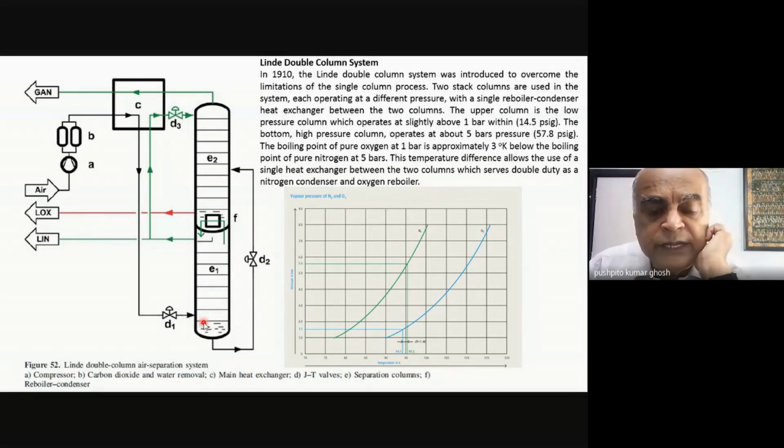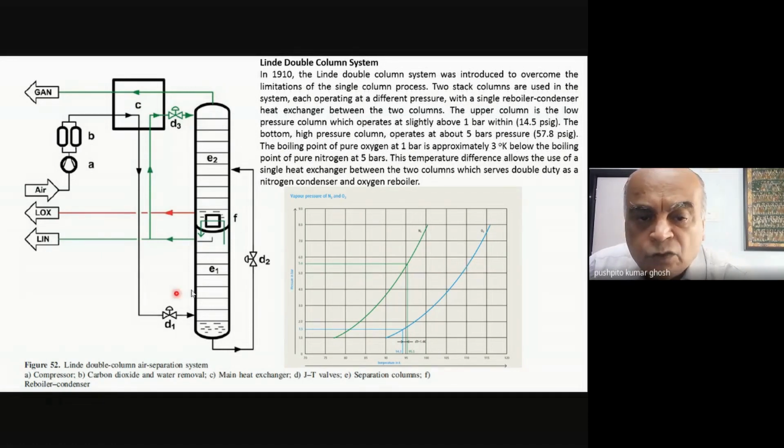Now in the high pressure column, obviously, once I'm at a high pressure, oxygen would have a much higher boiling point than nitrogen.